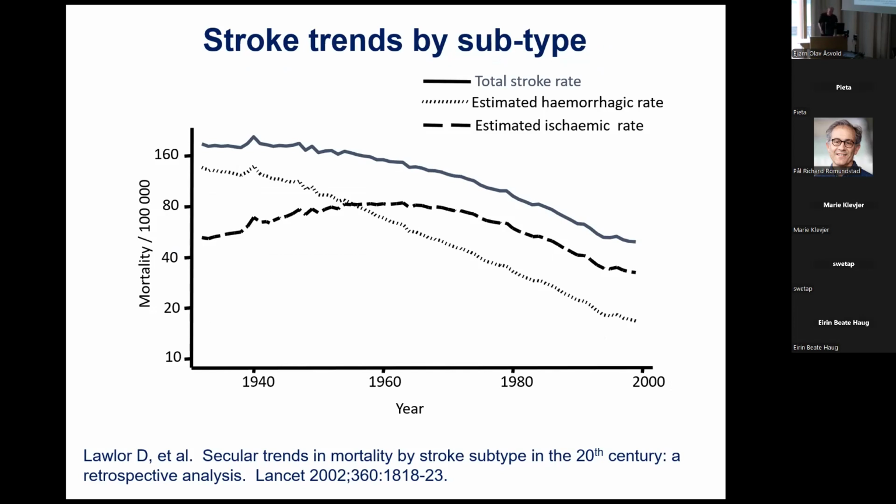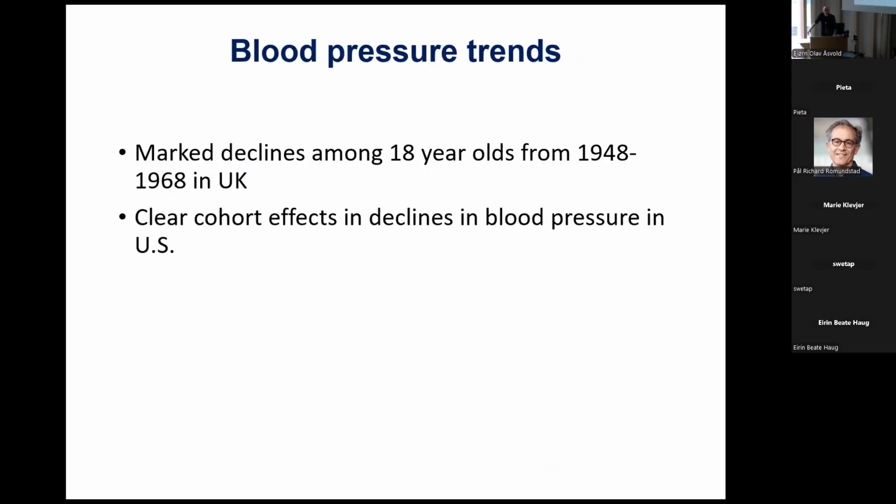And you were missing the decline in hemorrhagic stroke because of the rise of ischemic stroke, because most studies couldn't separate the two. Blood pressure was declining in the UK from at least 1948 on, when a very large study of 18-year-olds from Glasgow University measured blood pressure.